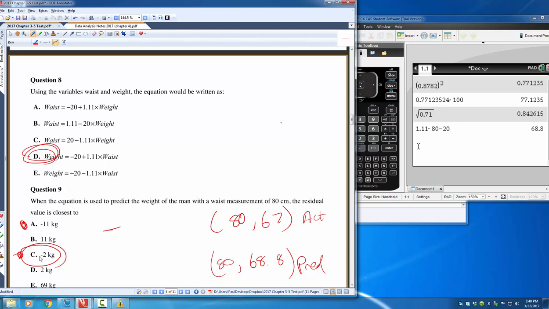So this could be the only correct answer, but you could run it through the residuals formula. So the residual is the actual take predicted, which will be 67 take away 68.8. That's going to be negative 1.8, which is approximately negative 2. Okay.